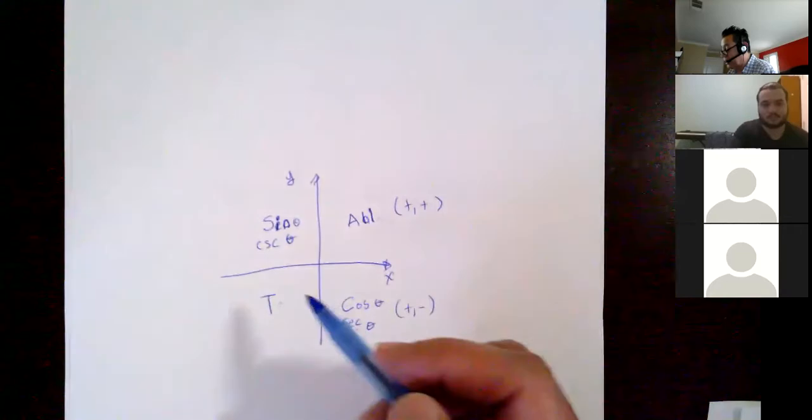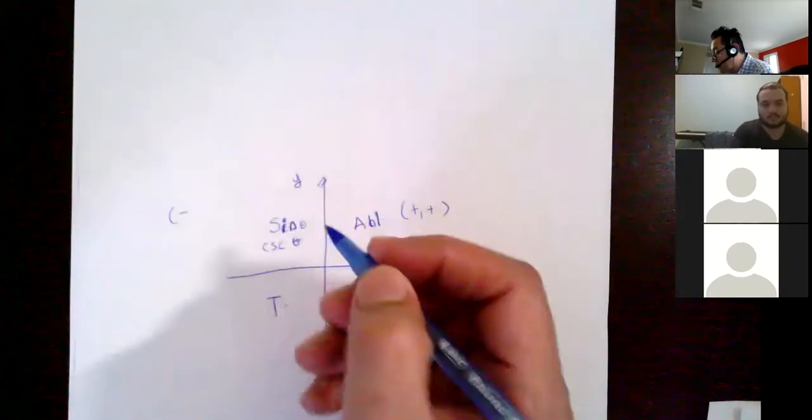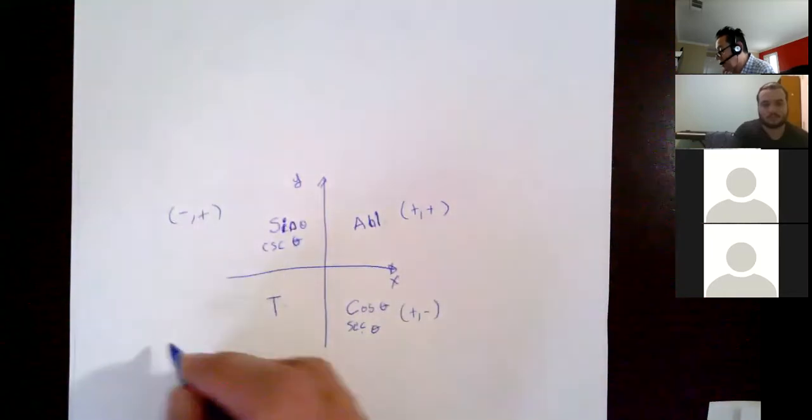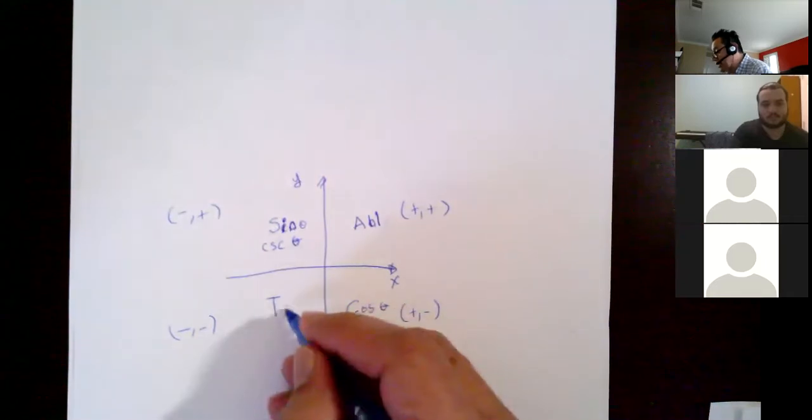The other ones are negative. T stands for, let me write it, this is negative and positive. For quadrant 3, we have negative and negative. The T stands for tangent.